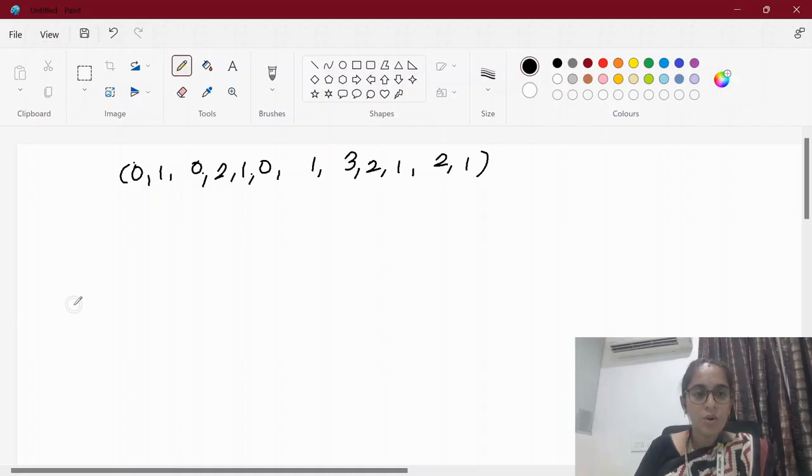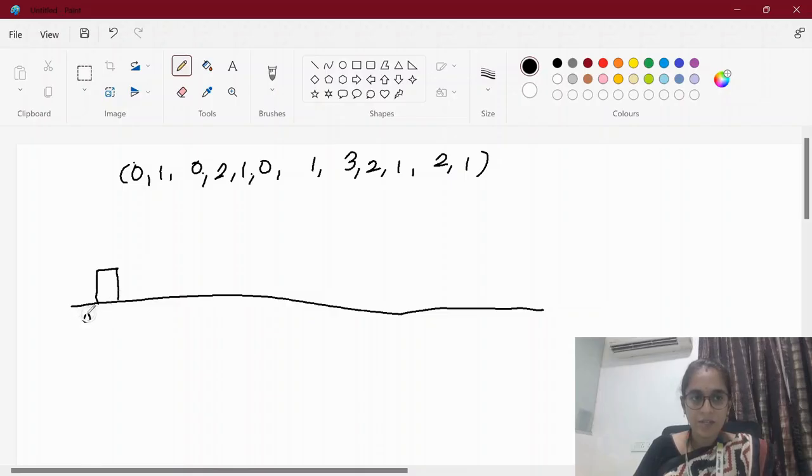So how to draw this? First, we need to draw a unit. They have given a 0. First you have 0, so nothing is there, the building height is nothing. The next one is 1, so we have 1 unit. So here 0 and here 1.